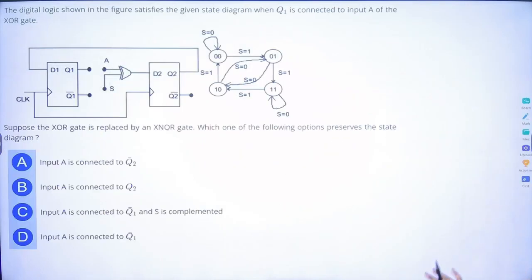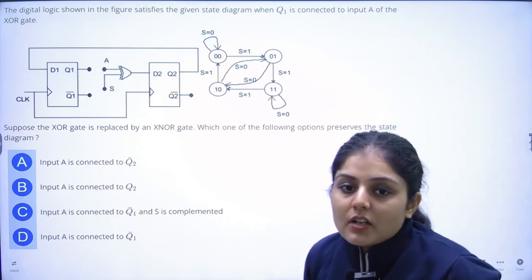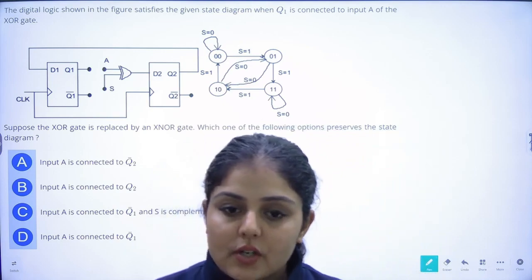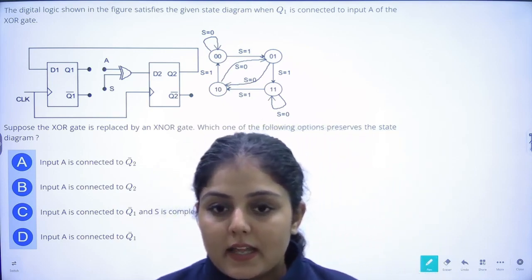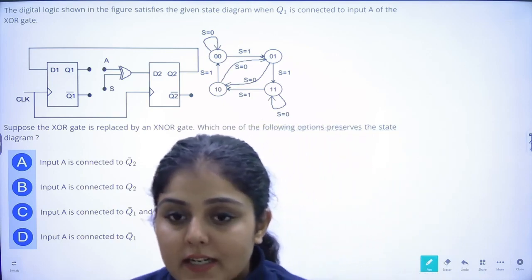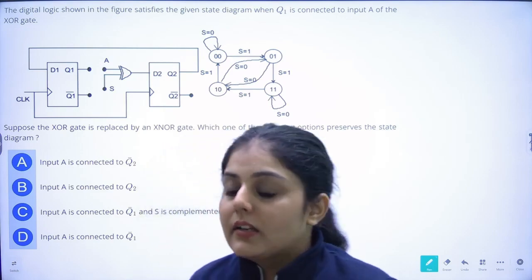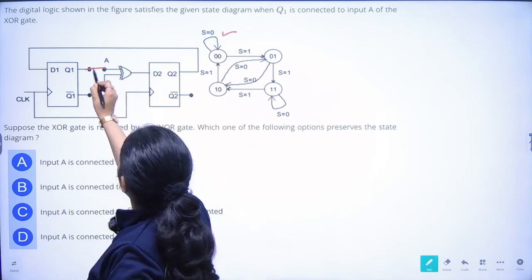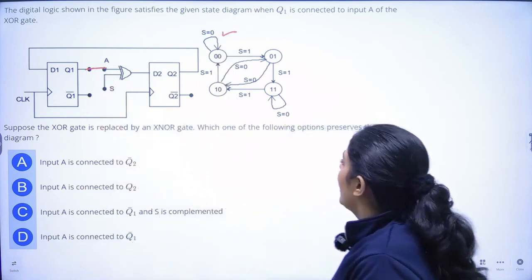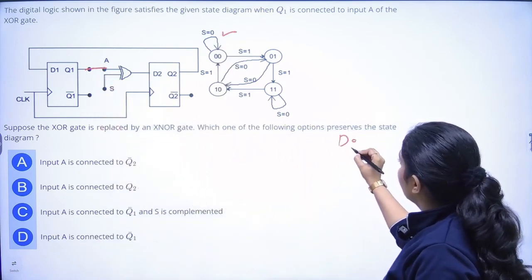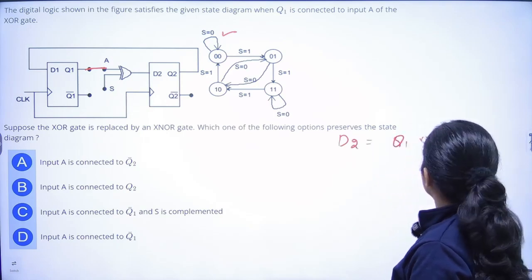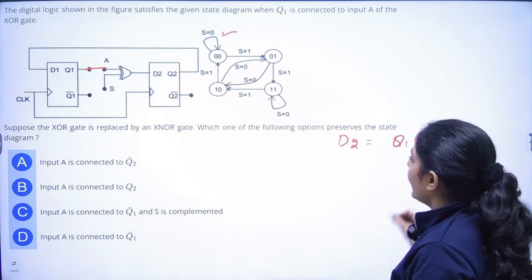Okay, next. The digital logic shown in the figure satisfies the given state diagram. So the digital logic will satisfy the state diagram when Q1 is connected to input QA. That means when D2 is equal to this XOR.